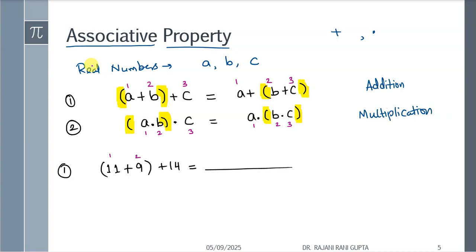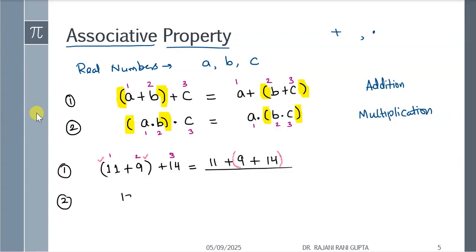First. 9 is second, and 14 is third. So keep the same position: 11 plus 9 plus 14. I put the plus sign because all are plus. Now check the position of the bracket. It's between 11 and 9. So if it is on the first two, I have to put it on the second two. So now I will put it on 9 and 14. And that's it.